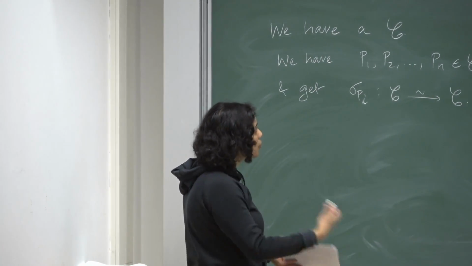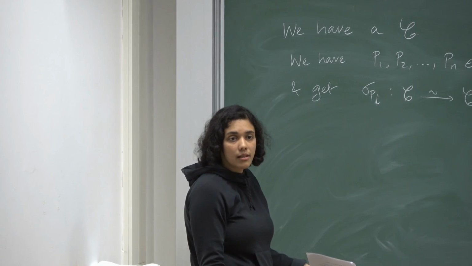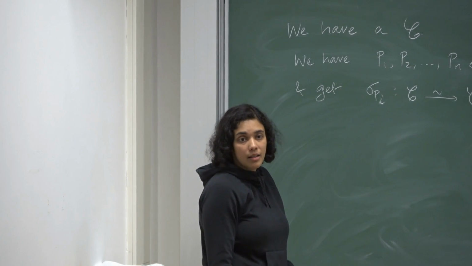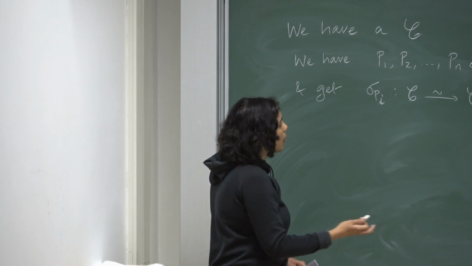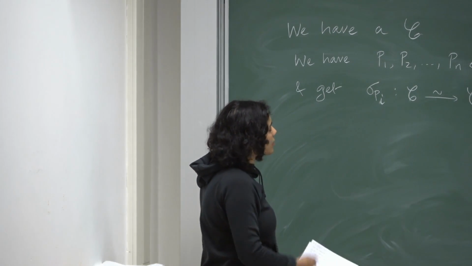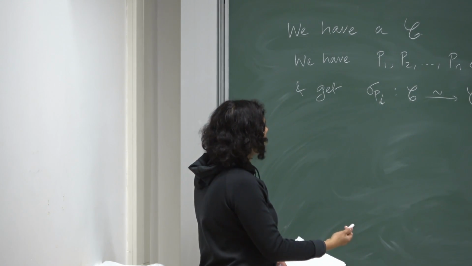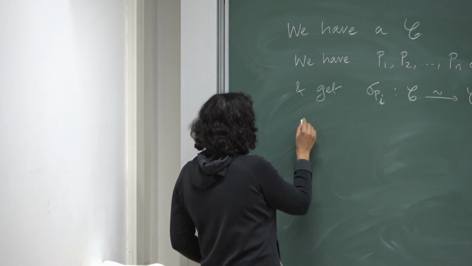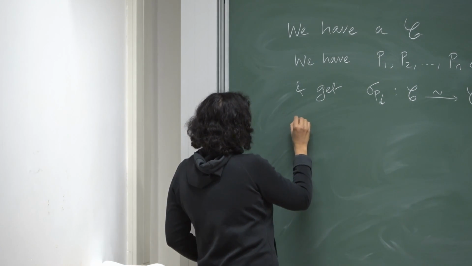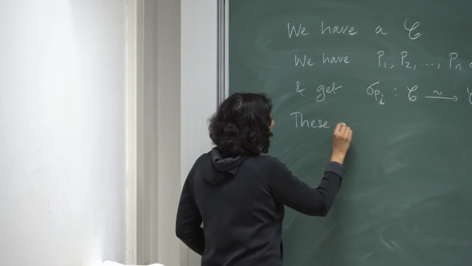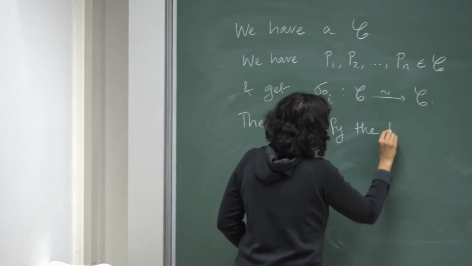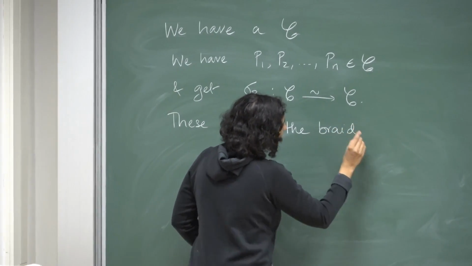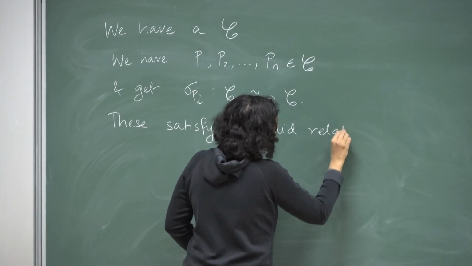So you can think of the group generated by these specific twists, and then you think about what the relations are. You find that these sigma Pi's satisfy the braid relations. It's actually extremely nice, and I'll write them down.